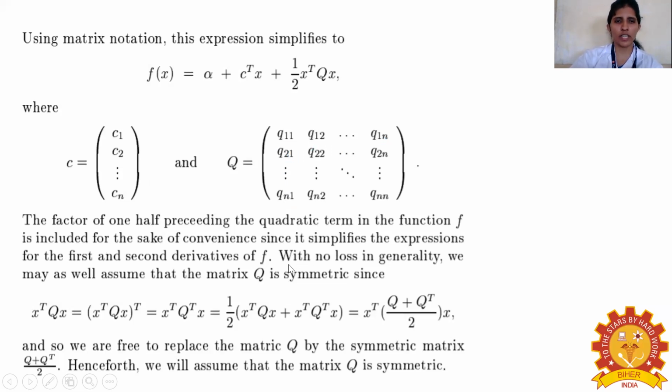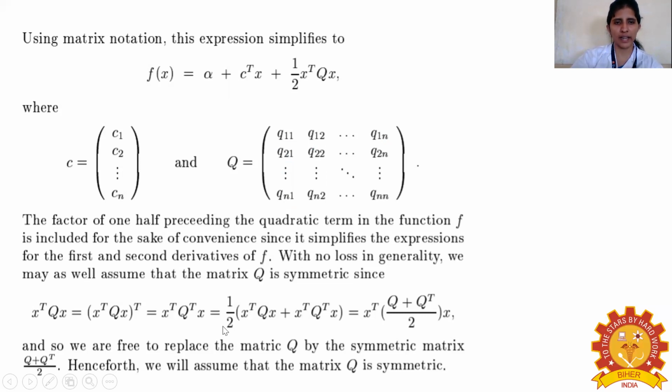So without loss of generality, we may assume that the matrix Q is symmetric, since x power t Qx will be equal to (x power t Qx) the whole power t, which will be equal to x power t Q power t x, which will be equal to half into the given value x power t Qx plus x power t Q power t x.